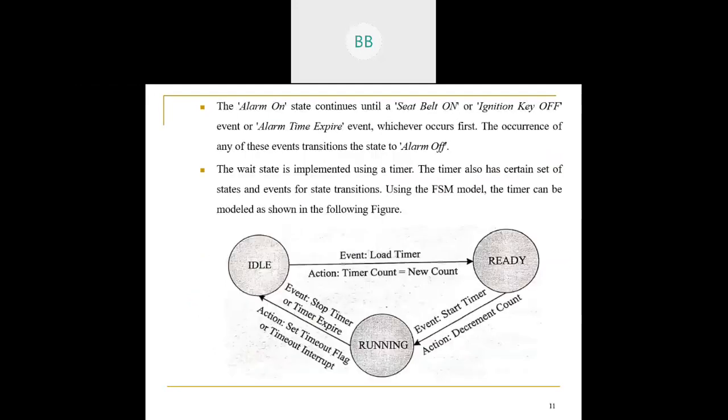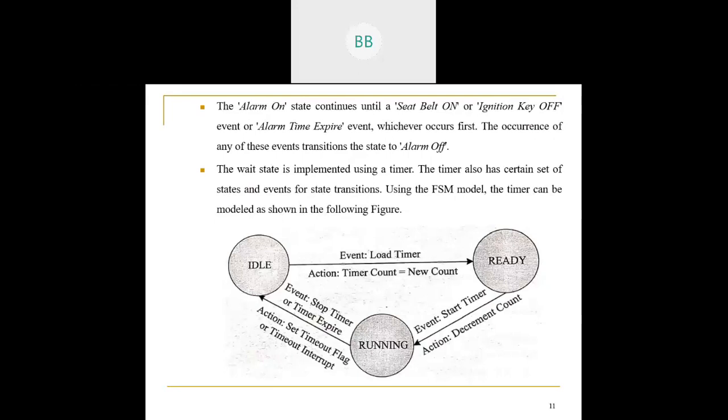The timer that is used in this application can also be modeled using FSM. Here, initially the timer is in the idle state and the timer goes to the running state when it is loaded with the count value.